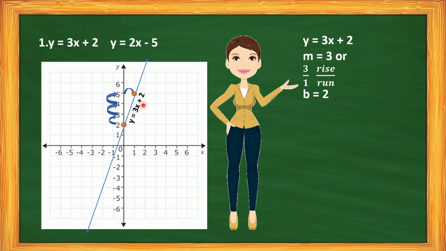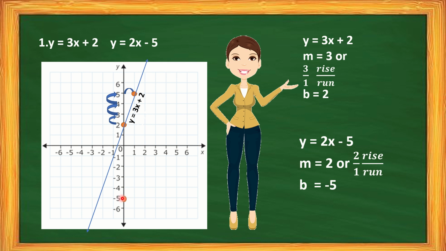Let us now graph y equals 2x minus 5. Our slope here is 2, or 2 over 1, and our y-intercept is negative 5. Again, locate first the y-intercept, negative 5.